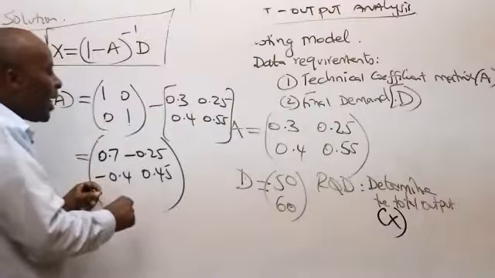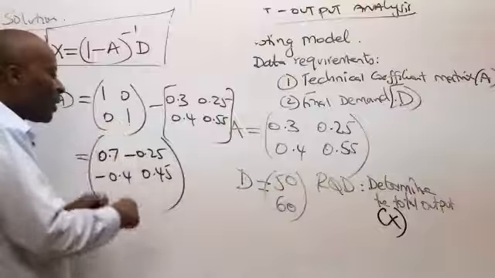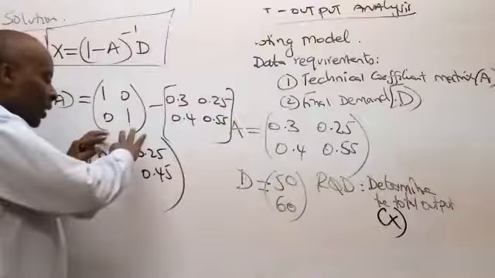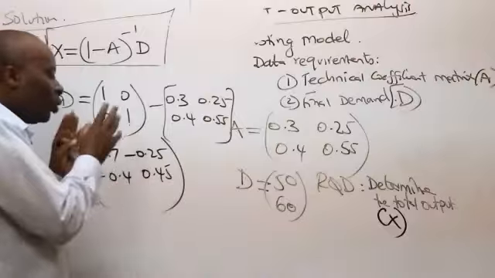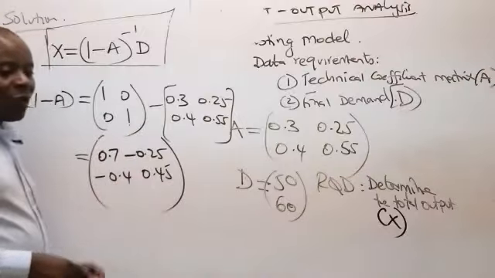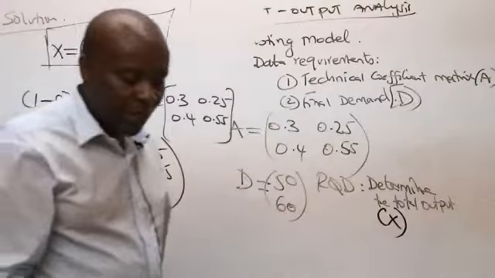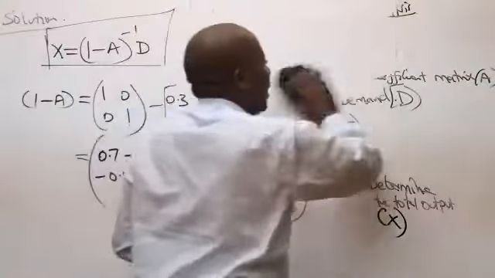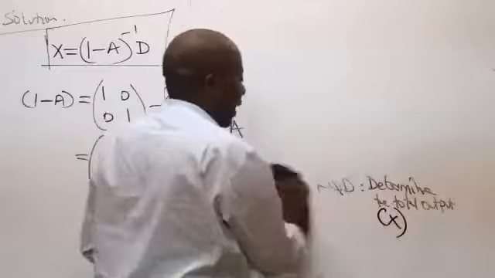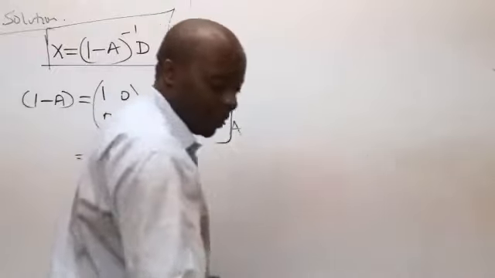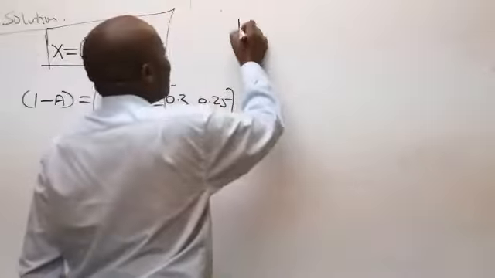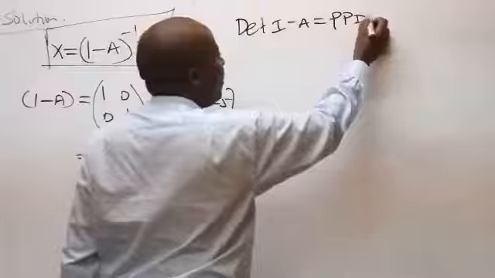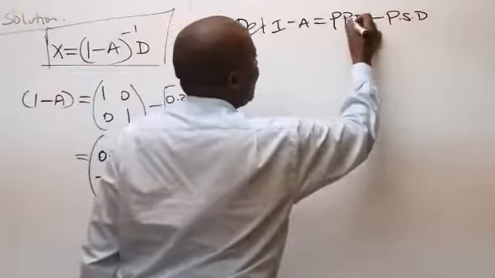So if that is the case, ladies and gentlemen, I would want you to do me a favor. In the inversion spirit, give me the determinant of I minus A. Remember, it is PPD minus PSD.